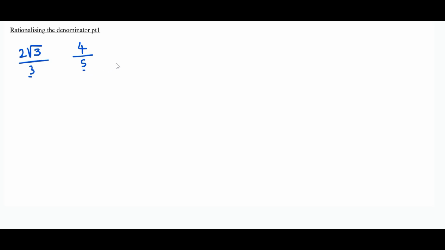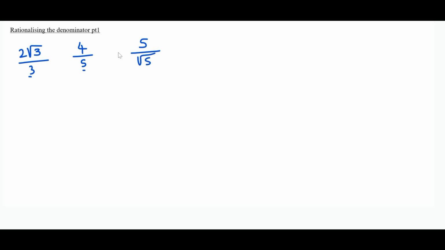Now, what can happen is sometimes we can be given an equation where there will be an irrational number at the bottom, meaning there will be a surd. For example, 5 over root 5.